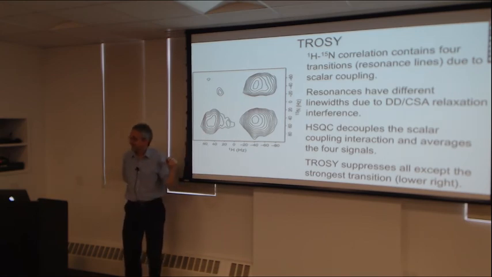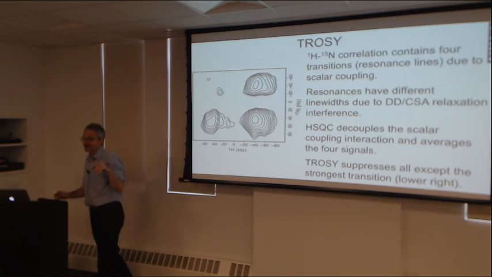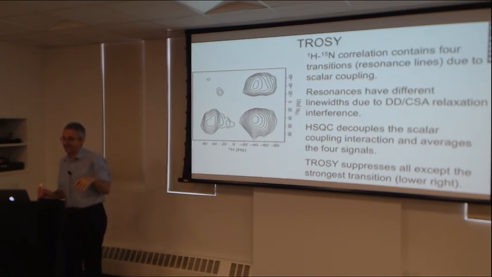One piece of evidence that God is really an NMR spectroscopist is that the Trozian effect on the amide hydrogen is almost the same as the Trozian effect on the amide nitrogen. That's because the frequencies are 10 times larger for the hydrogen, but the CSA is about 10 times smaller.